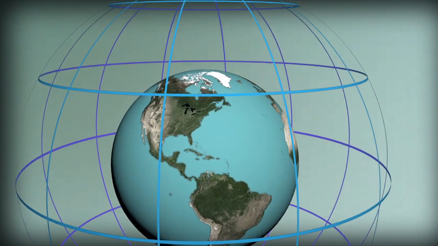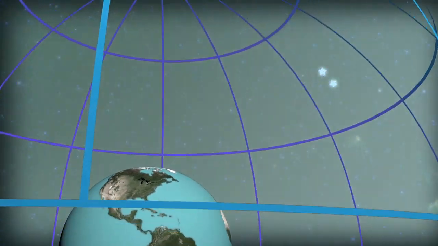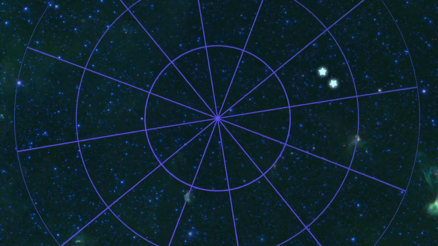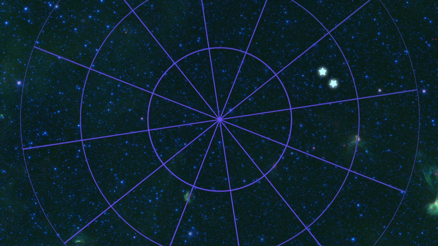That way, when we look at a distant star, we can read off the star's angular coordinates by seeing where it appears relative to the grid. That leaves only the 3rd dimension, the distance to the star, the celestial equivalent of elevation, which is much trickier to measure, as we'll see.